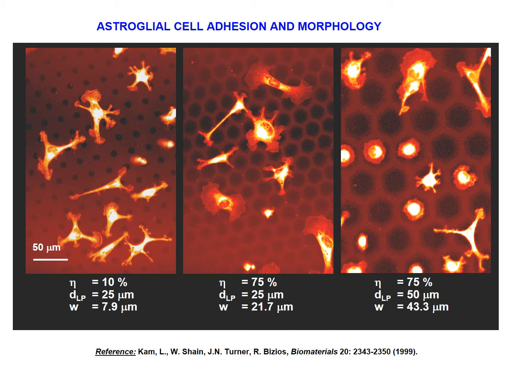Details regarding the dimensional parameters of the micropattern motifs are shown at the bottom of each one of the three panels. The important thing to keep in mind again is that only the center, which is shown a little bit darker on this micrograph, the center of the patterns is where the cells may adhere.